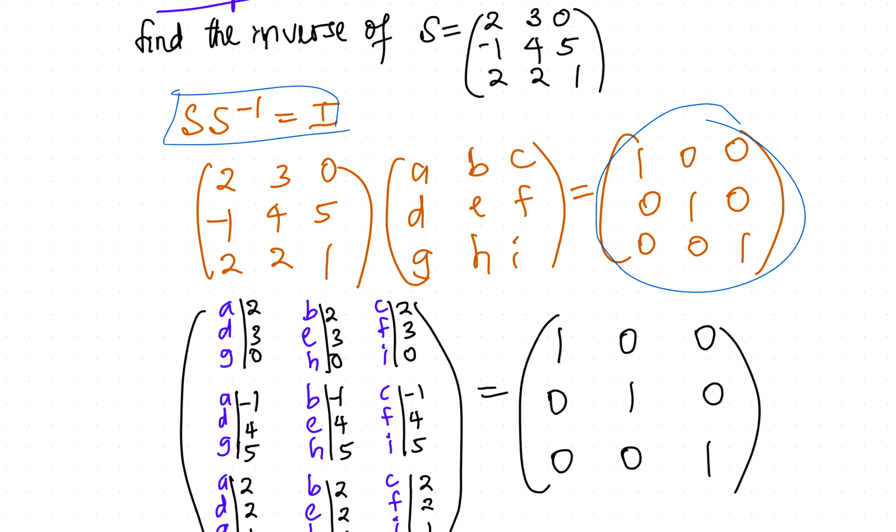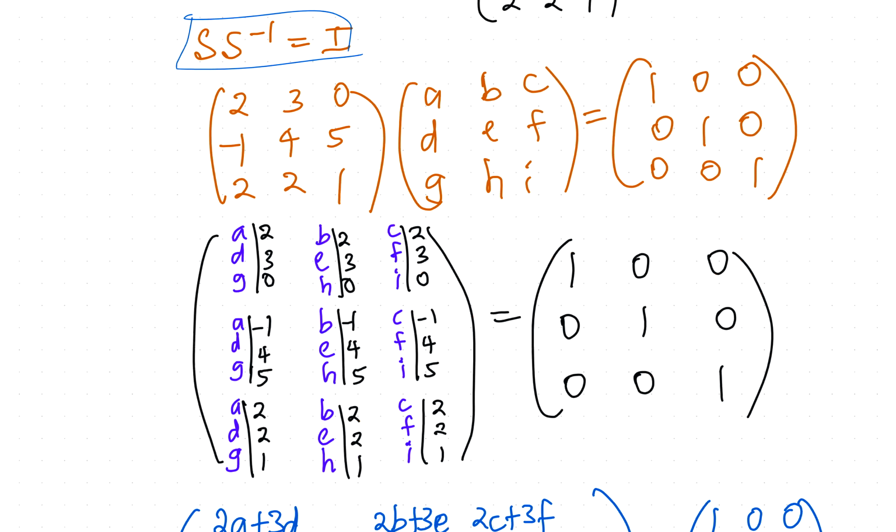And of course, you need to do a bit more when it comes to adding, multiplying and summing things up, because this is 3 rows, right? You write A D G 3 times. Next, B E H 3 times. Next, C F I 3 times.